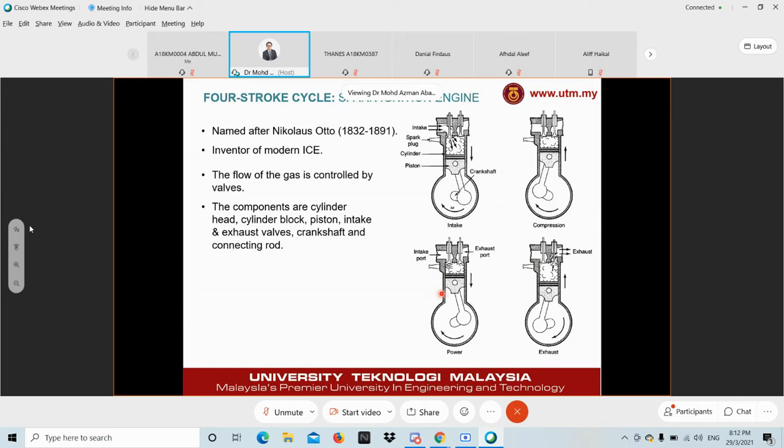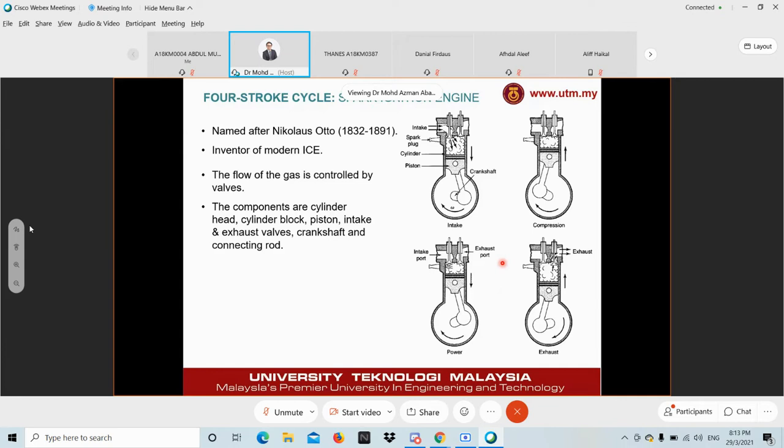Either power or expansion stroke doesn't really matter, but most of the books use the word power stroke. And then of course you have the exhaust stroke. So there you have four strokes, hence the four-stroke cycle.